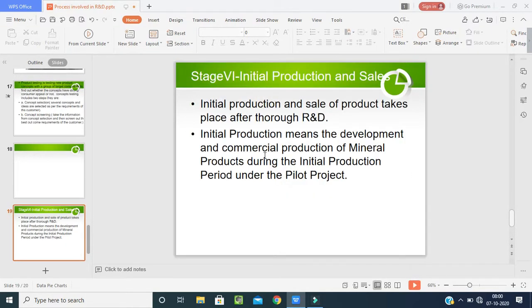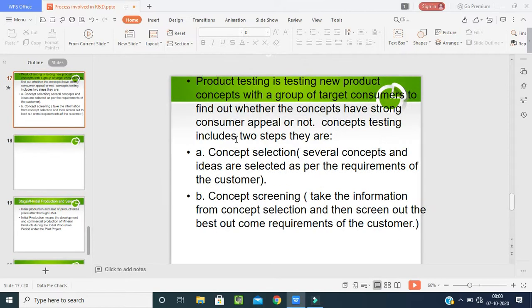Now we will go to the next stage, that is initial production and sales. In modification and testing, the fifth stage, the consumer will say whether he is interested or not, and the company will collect the data from him.